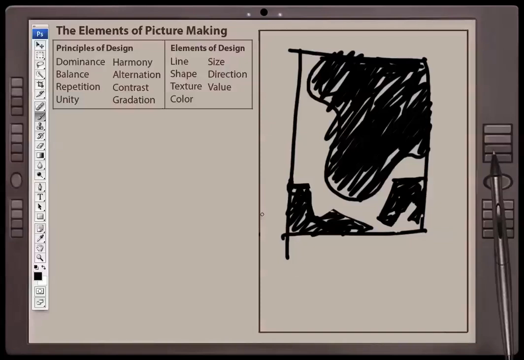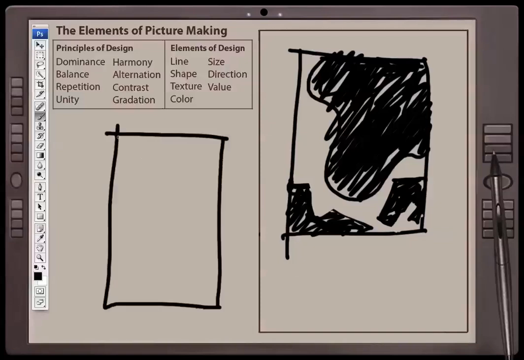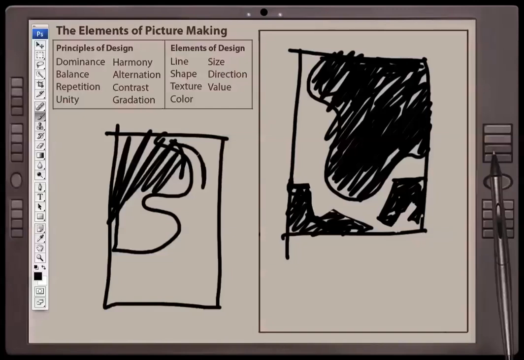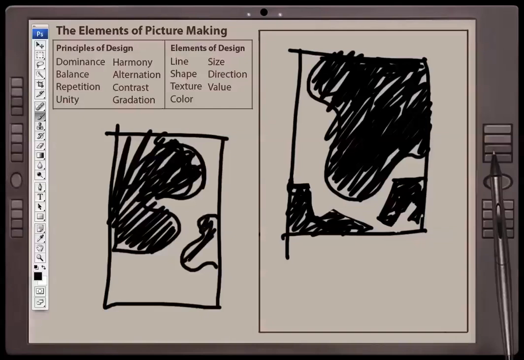Now, you can also have a large dominant shape like this, but then I can also repeat that same curving shape elsewhere.